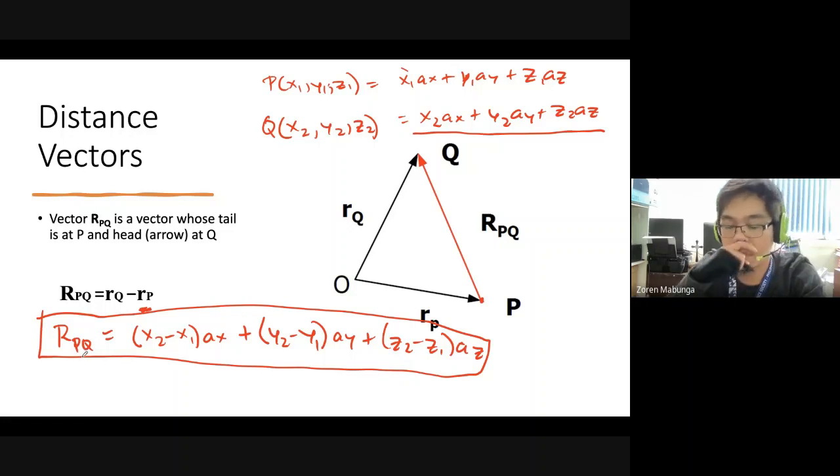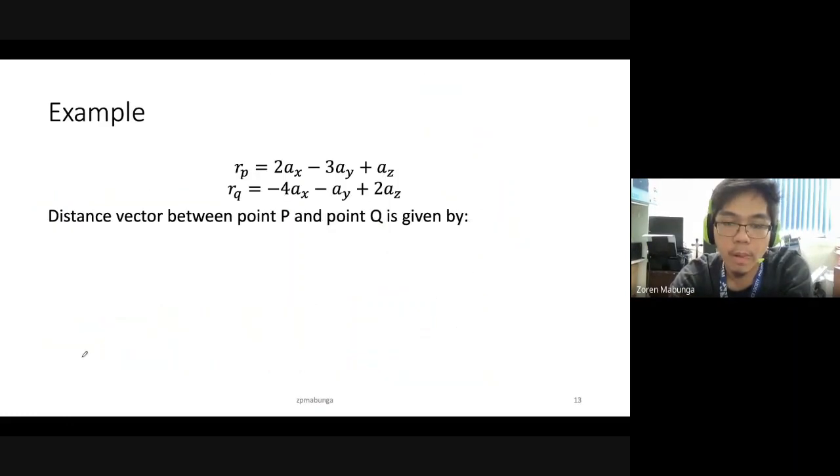Question. Okay, so malinaw, ganyan pagkuha ng distance vector. So kailangan meron ka ngayong dalawang vector or dalawang point para makuha mo yung distance vectors doon sa dalawa. Okay, so example. Ito yung example, may values na tayo.